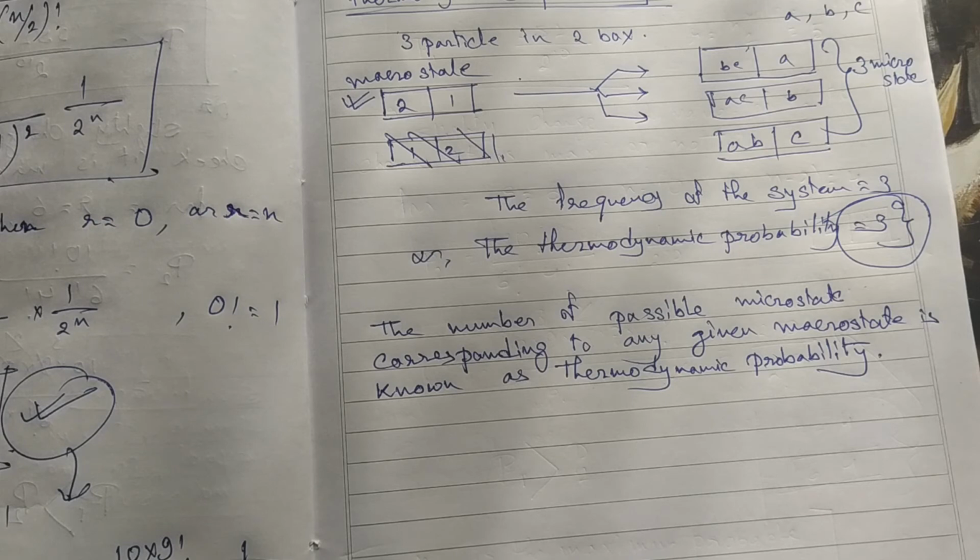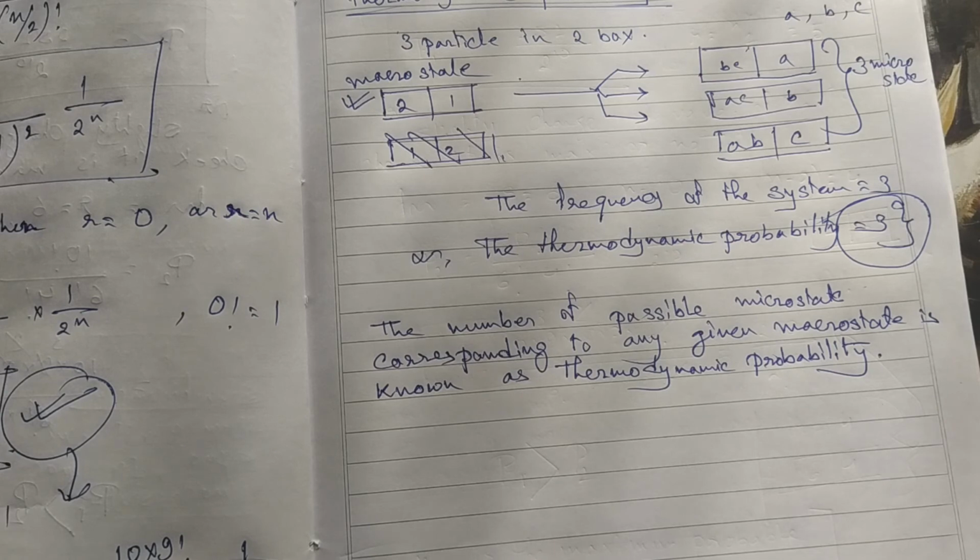So in this lecture, we found the maximum probability state. This is for r is equal to n by 2. When the total number of particles is distributed equally among the boxes, with the same number of particles in each, such a case is known as the most probable state.